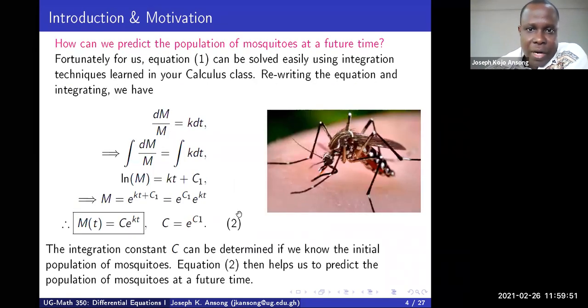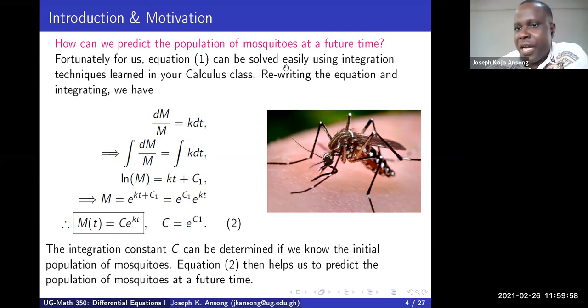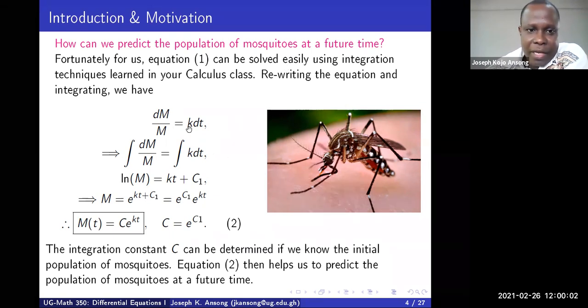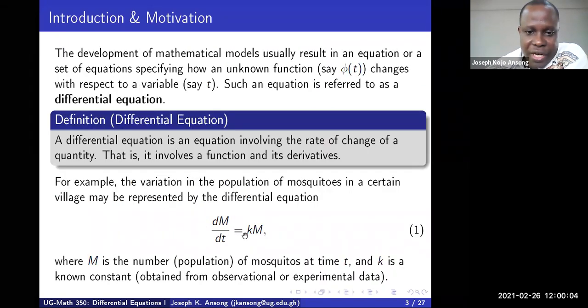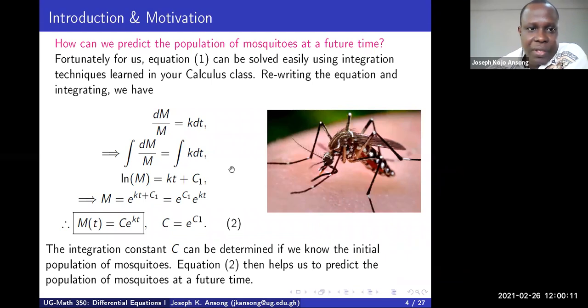So this is what I just mentioned: how can we predict the population of mosquitoes at a future time? For us, the given equation is so simple that we can actually solve it directly. That is often not the case for most differential equations.